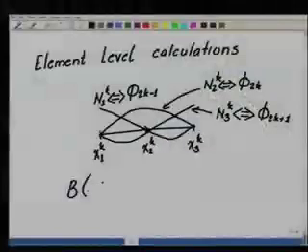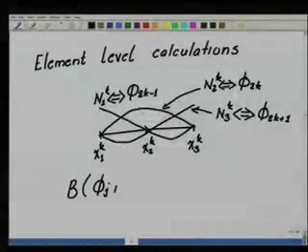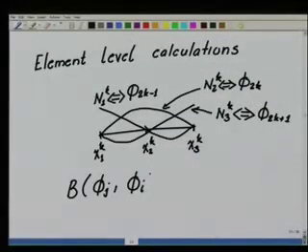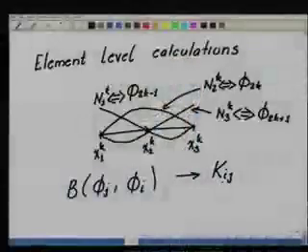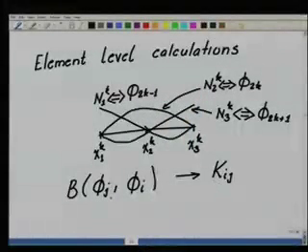So, if I take that B that I had written, b of phi j, phi i, which is nothing but, as we had said, Kij, which of the i's and which of the j's will get contribution from the element? As we have said, i equal to 2k minus 1, i equal to 2k and i equal to 2k plus 1. Similarly, j is equal to 2k minus 1, j equal to 2k, and j is equal to 2k plus 1.